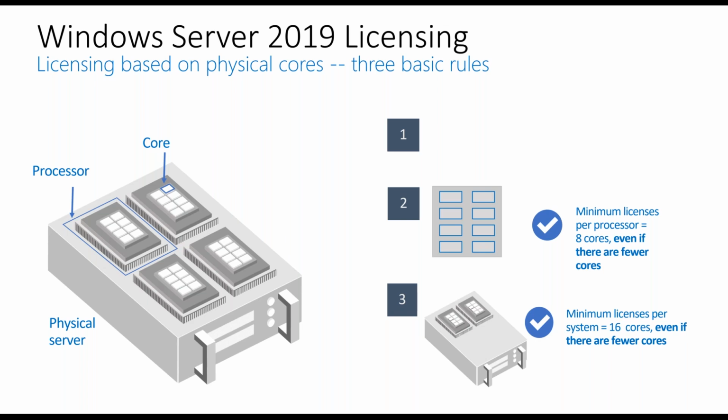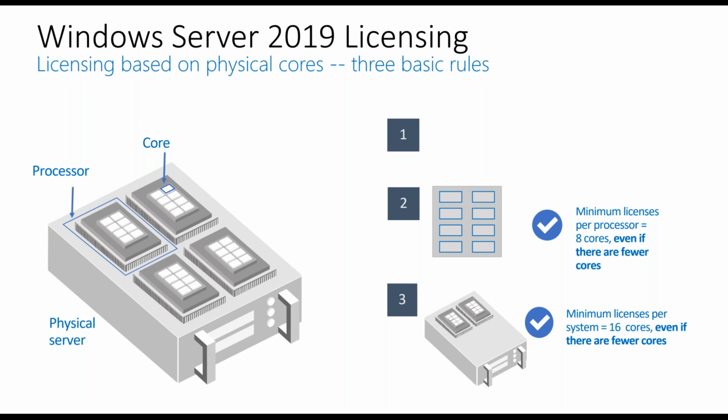And if you look at different types of scenarios, if you have a server with 1 processor, you still need to license a 16 core license. We have 1 exception to the rule at some time, but in general, this is the 16 core license. So we need 16 as a minimum license.